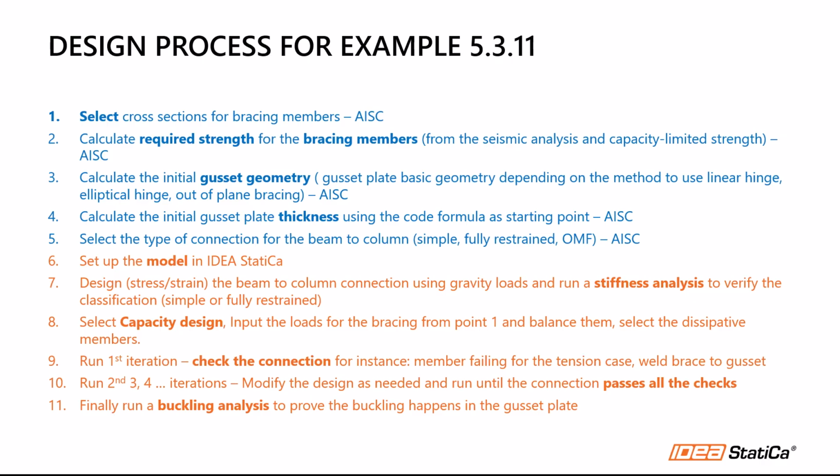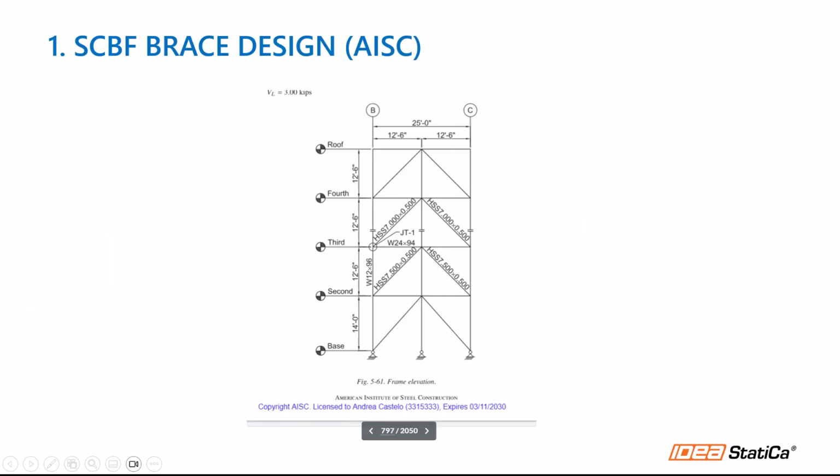And then later I'm going to jump into IDEA StatiCa to show you the steps from step number 6 to 11, right? For example 5.311, the brace sizes are given. In other examples, the manual shows how to design them considering AISC seismic combinations.